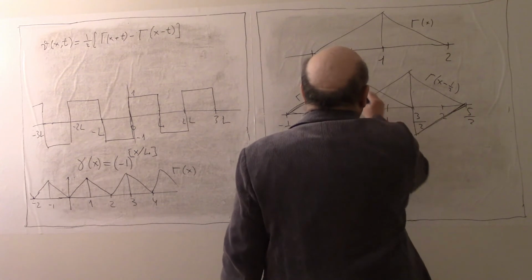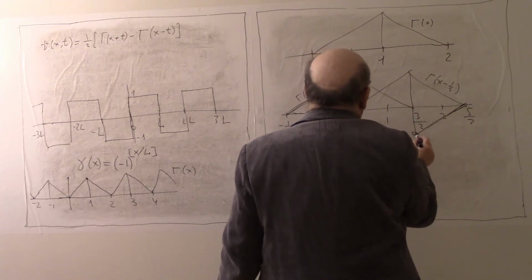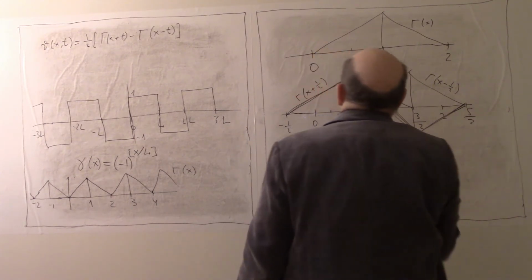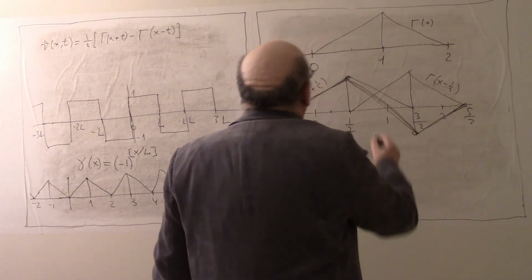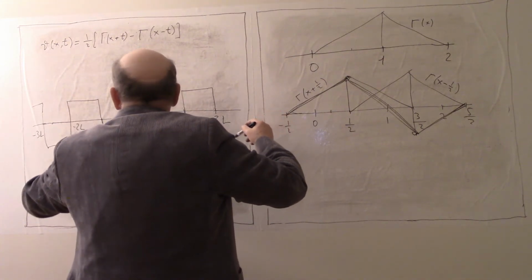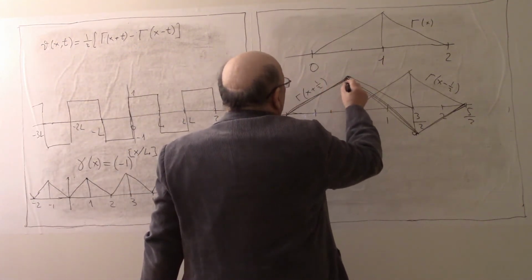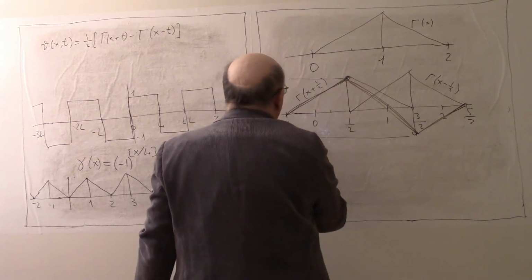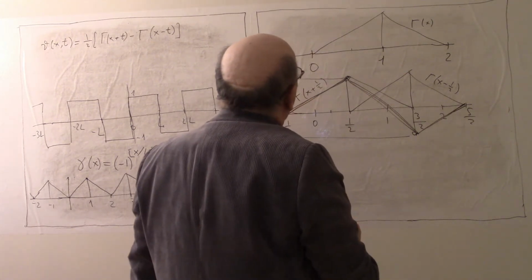And here it is a linear function, so between these 2 points, you have to take 1/2. This is 1, so this means that this is 1/2. This is minus 1/2.